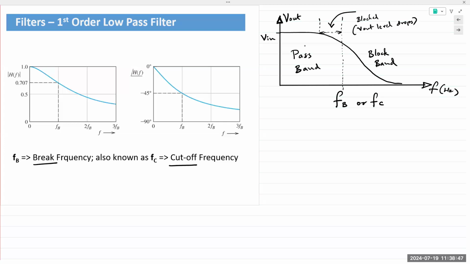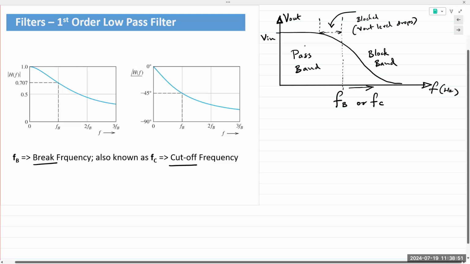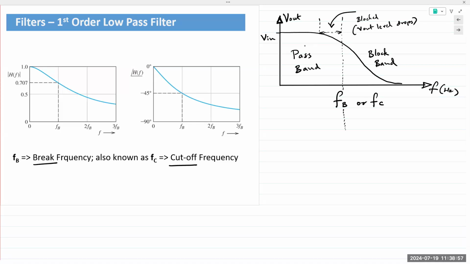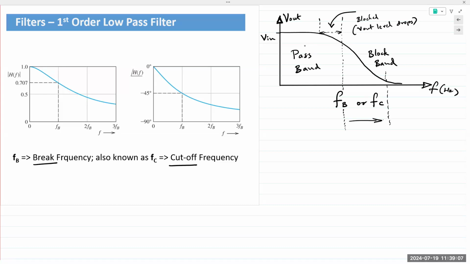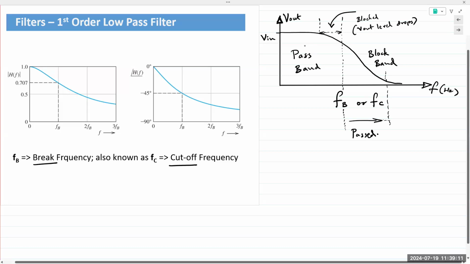And here to the right, these frequencies are blocked, yet there are certain amount of frequencies that are passed. Passed in the sense the voltage level is not quite zero.